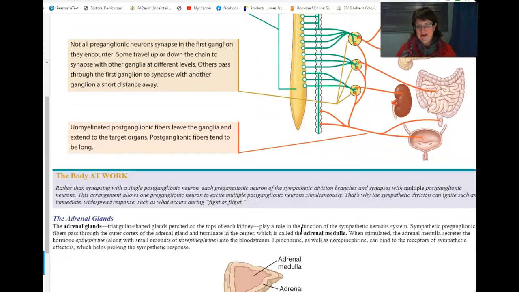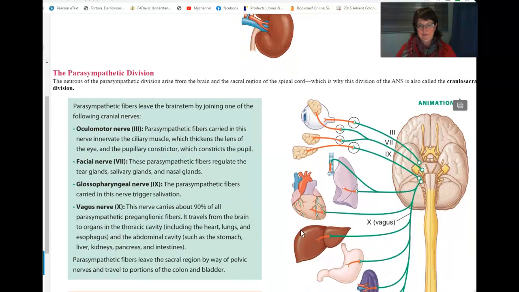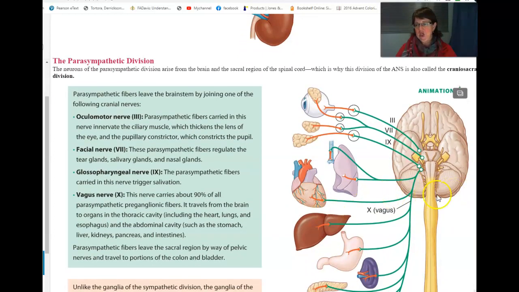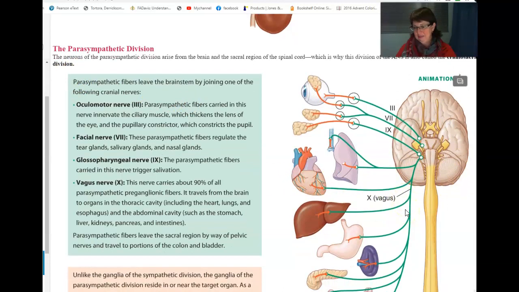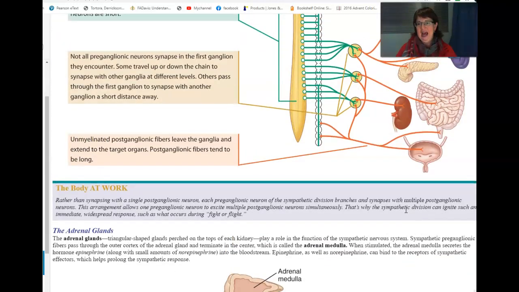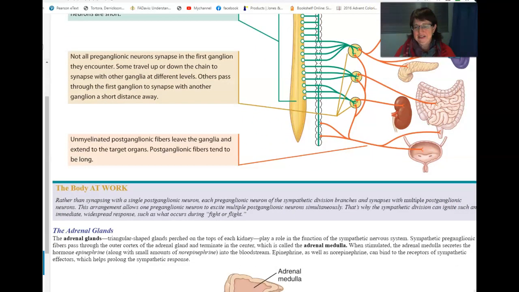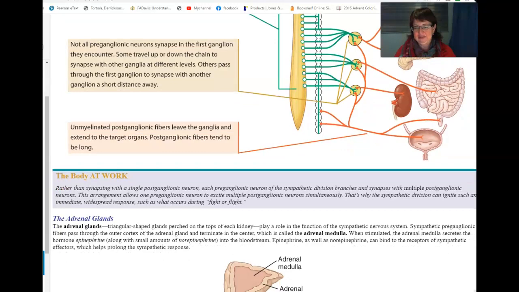As opposed to the parasympathetic, which comes from the cranial and sacral division. The sympathetic nervous system has a ganglion before it goes. So usually there are two neurons involved. Most go to the ganglion and then they connect and go out again. With the parasympathetic, there is no ganglion. Okay.